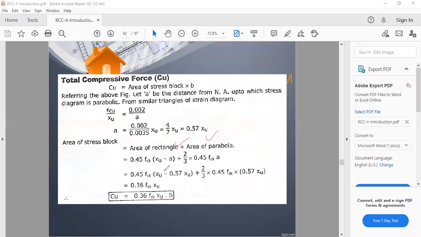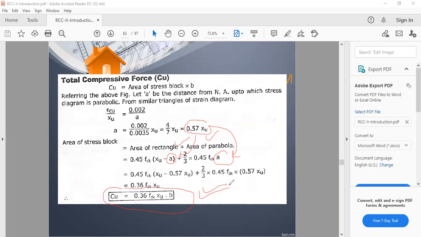So if you calculate this and put the value of A as 0.57 XU here, and also put the value here, finally you will get this as your compressive force.